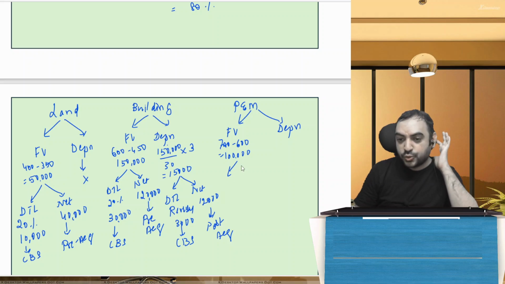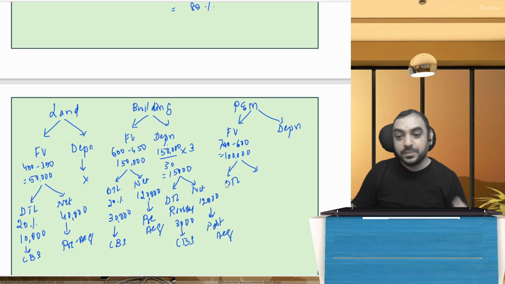We will divide this into two parts. One is deferred tax liability at 20%, so 20,000. Net, that is 80,000. The deferred tax liability I will take to the consolidated balance sheet, and net 80,000 is for pre-acquisition profits calculation.